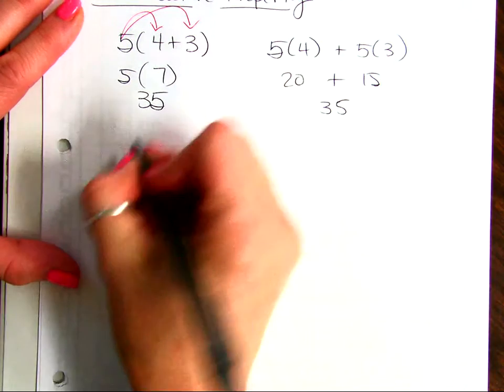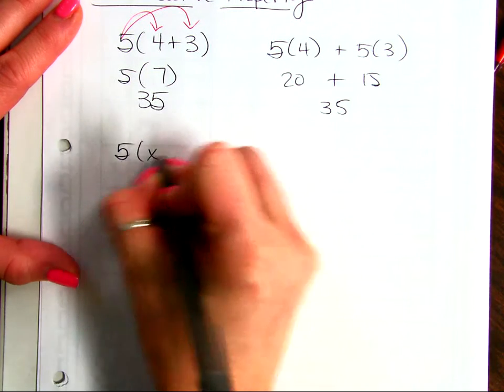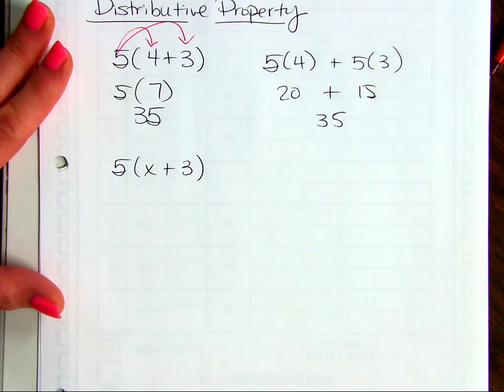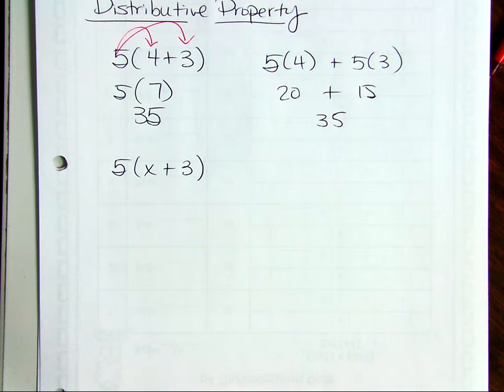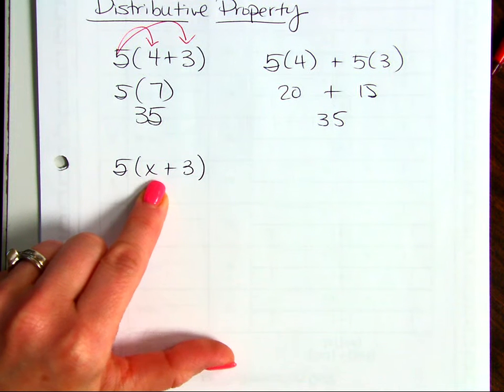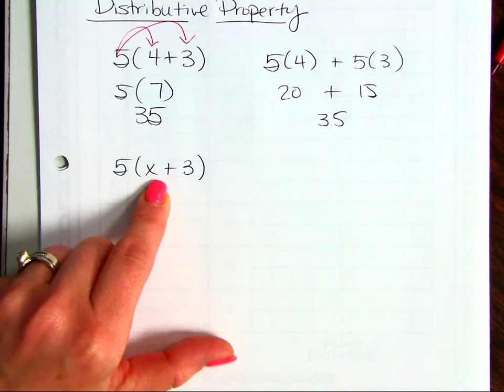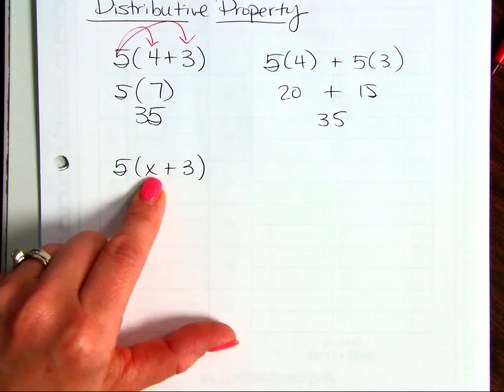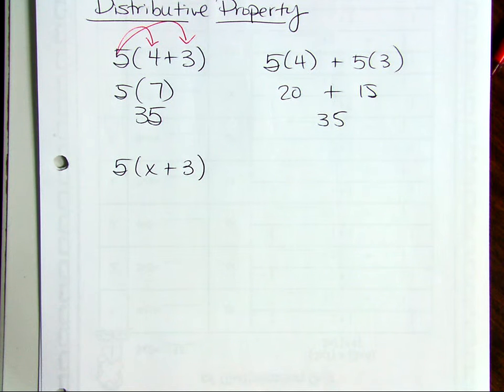If I were to just take that 4 and change it to an x and then ask you to do that problem, if your instincts said, go do what's in the parentheses first, and you went to do it, you couldn't. You can't do x plus 3 because they're not like terms. It has to be a 3x, right? Or constants together. So this is where the distributive property has to be used. You have no choice. You have to distribute, right?